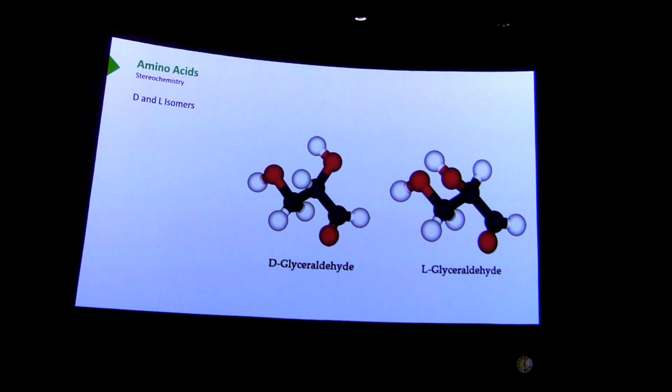We'll talk about a couple of rare exceptions later in the course, right? But essentially, every amino acid found in proteins is in the L configuration. Why? Well, that L configuration is how life evolved. And that evolution of life, the three-dimensional configuration of the enzymes that made those amino acids only could make one form.